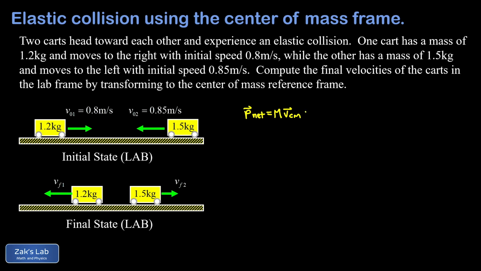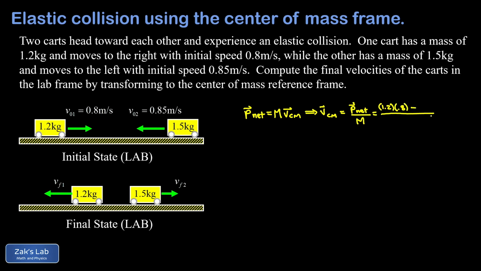So the way we use this is to solve for the center of mass velocity. I need the net momentum of the system divided by the total mass. And the net momentum can be calculated by just looking at the momenta of the individual carts in the collision. So we have a 1.2 kilogram cart moving in the positive direction with 0.8 meters per second of speed.